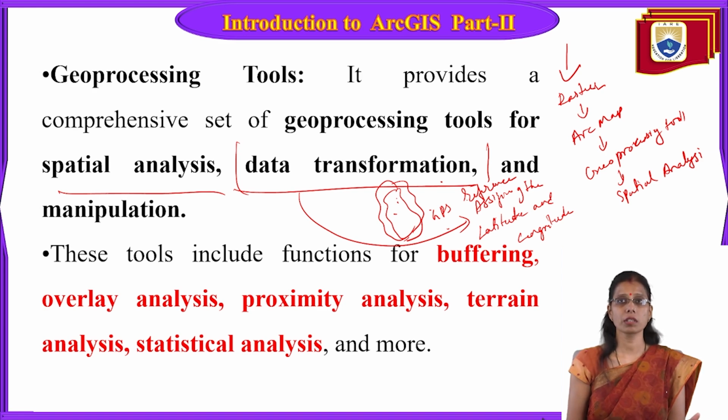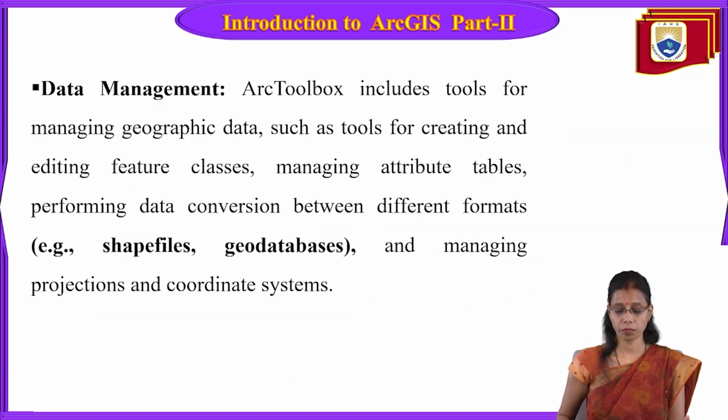This tool includes functions for buffering, overlay analysis, proximity analysis, terrain analysis, and statistical analysis. This geoprocessing toolbox is available in ArcMap as well as in ArcCatalog, so it can be done in both.